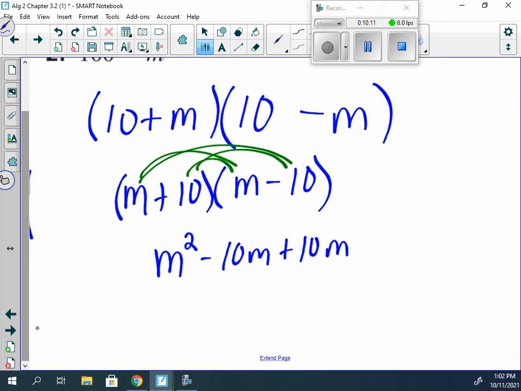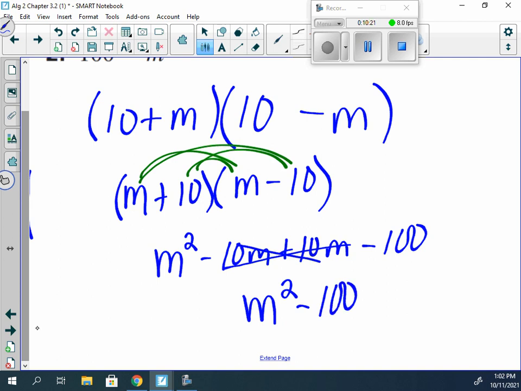And 10 times negative 10 would be negative 100. These would cancel out, telling us that this is m squared minus 100. Well, what did we start out with? 100 minus m squared, yes? Is 100 minus m squared the same as m squared minus 100? No, they're two separate things.